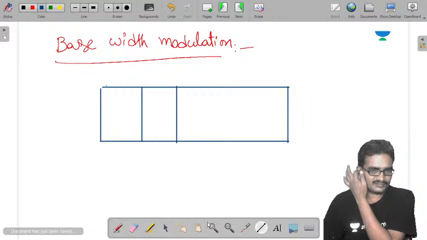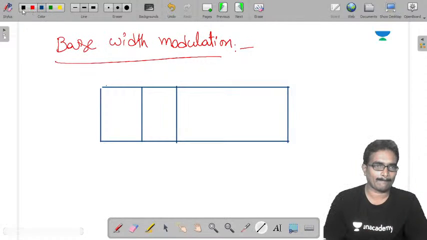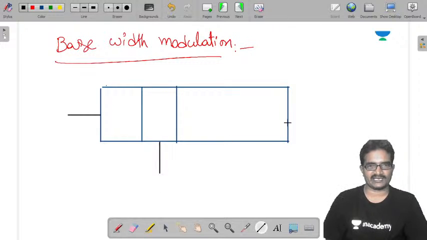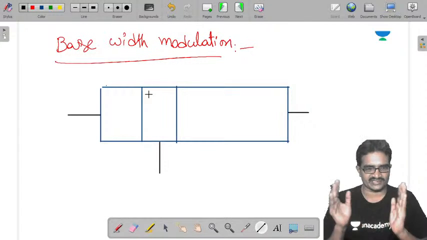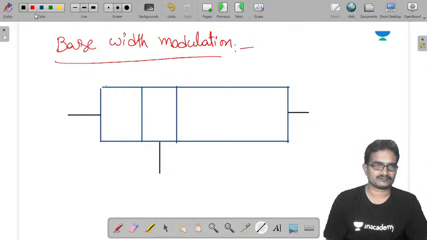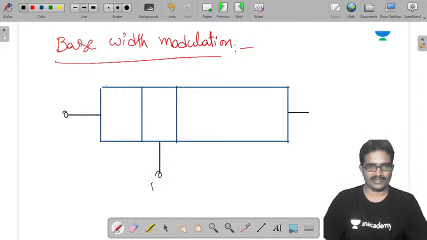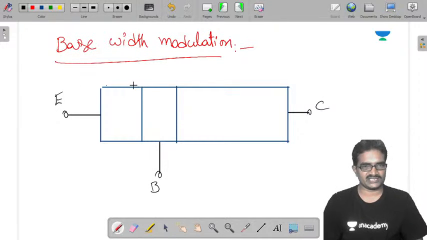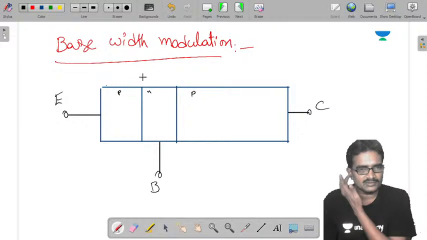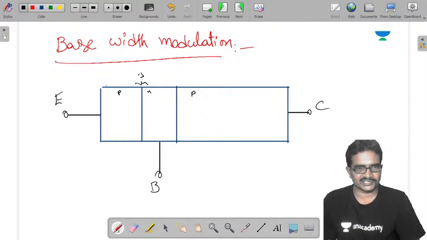Okay, emitter, base and collector. For better understanding purpose, I have taken the width of the base a little bit wider. Base, collector, emitter. Whatever the transistor, you can take NPN or PNP, it's not an issue. But this is the emitter junction.